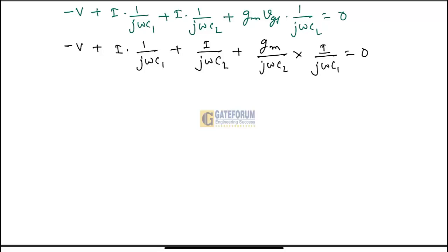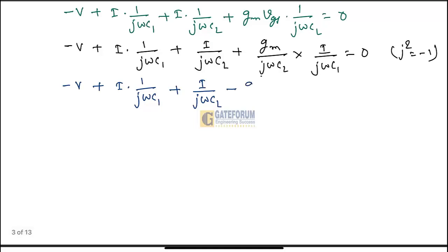So as we know that j into j will be j square, and j square is equal to what? As per the complex number system, it is minus 1, and omega into omega becomes omega square. So we can rewrite this again as minus V plus I into 1 by j omega C1 plus I by j omega CL minus, since j into j becomes j square, and j square is equal to minus 1, it will be a minus sign here.